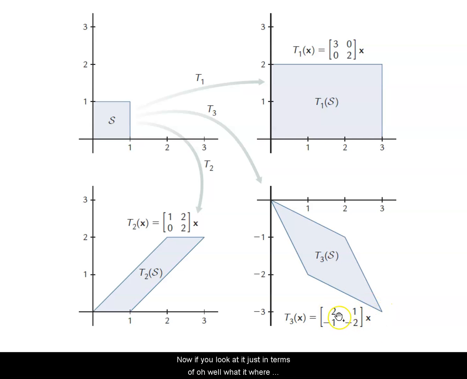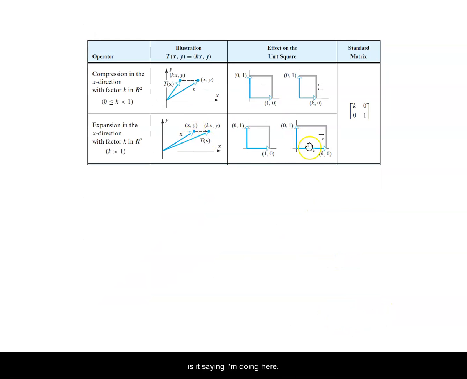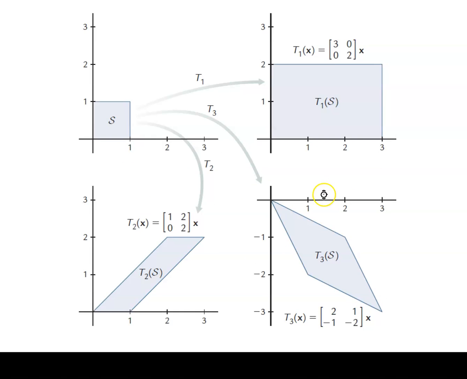Now if we look at it just in terms of, well, what is it saying I'm doing here? It's telling me that I have a shear in the bottom direction. I have a shear in the top direction. I'm also growing by 2 in the x direction, and I'm going negative 2 in the y, so that's flipping across the x-axis, right?